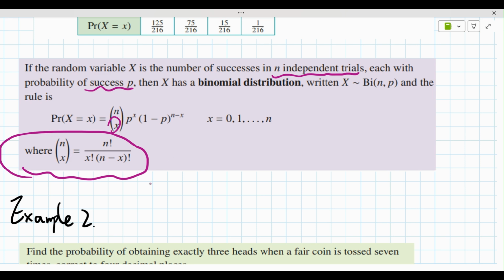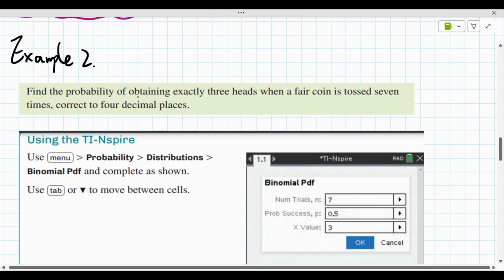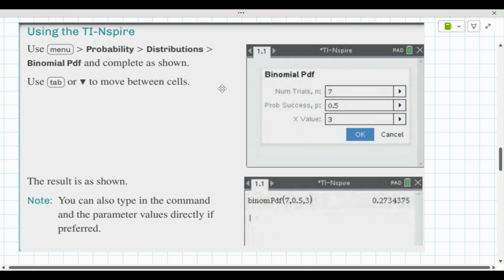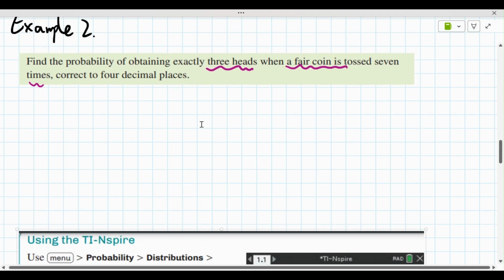Now I'm going to do this one with my CAS calculator. The first one: 3 heads when a fair coin is tossed 7 times. We're going to give the answer to 4 decimal places. First things first, I'm going to try without the CAS calculator to show how you do the binomial distribution.